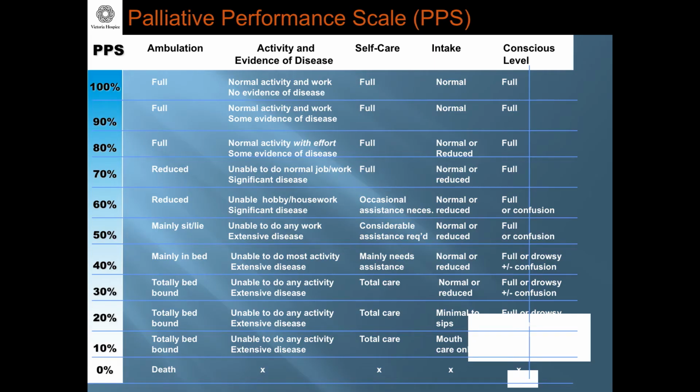Here it is. The most important thing is that scale on the left-hand side there, from 100% to 10%. And a skilled nurse or doctor in palliative care will immediately know what a PPS of 70% or 30% means. And I should say that this PPS is best applied to cancer.